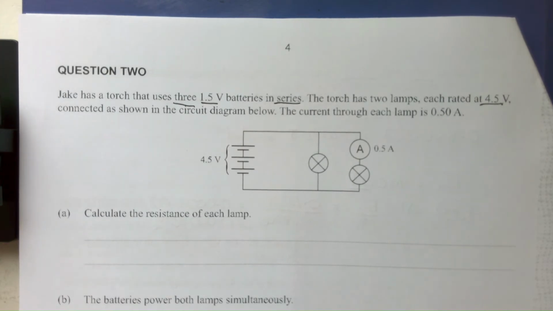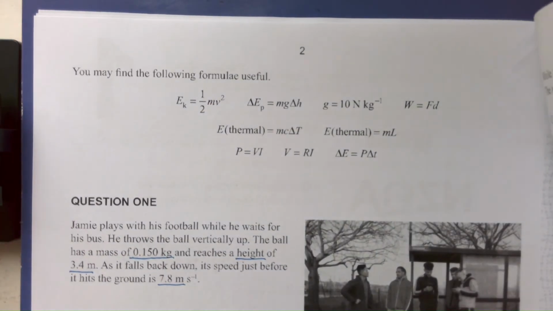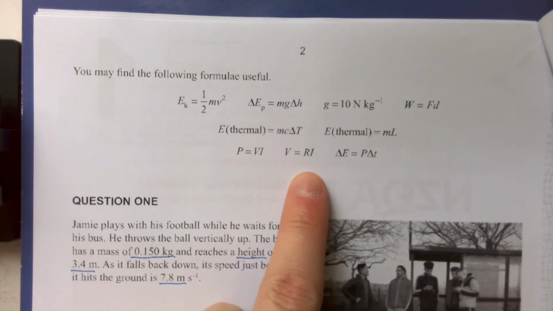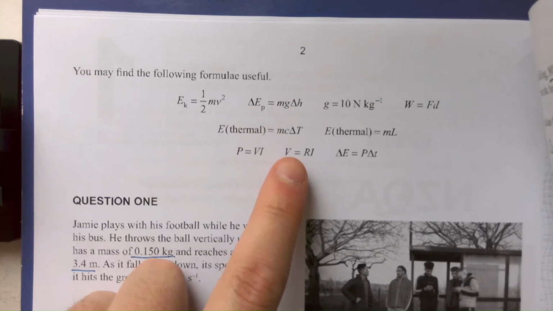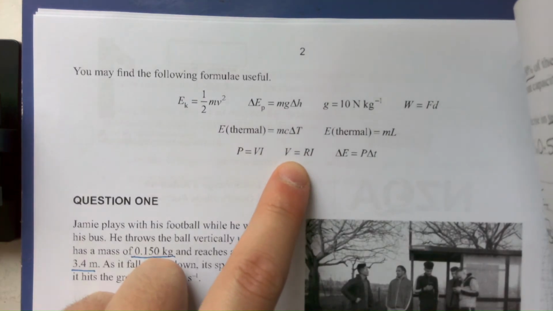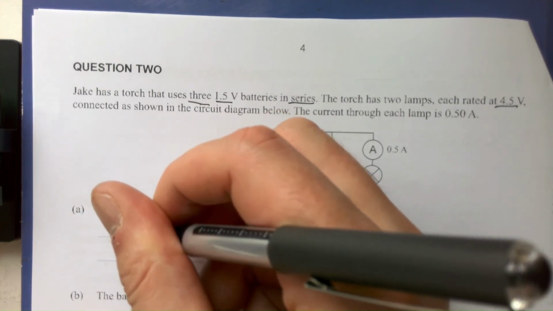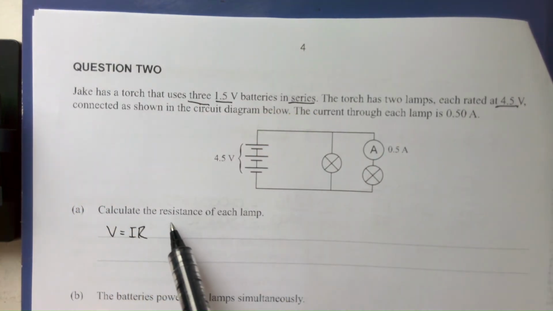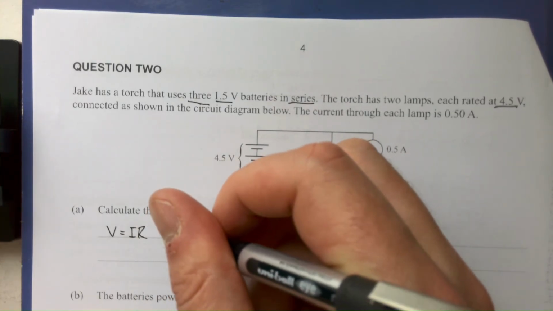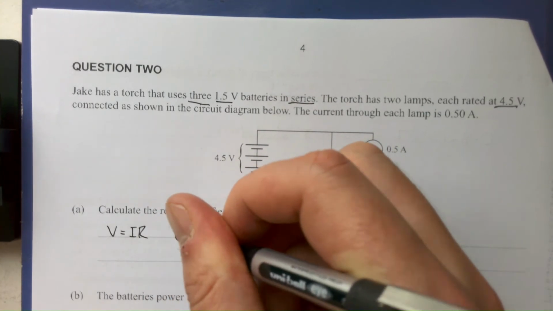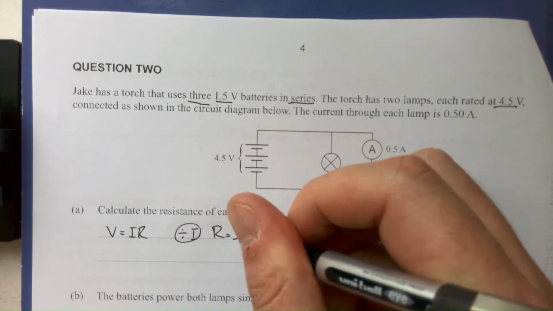We've been told a series of voltage and current values. So when we look at this equation sheet, we're looking for an equation that relates voltage, current and resistance. Ohm's law, V equals IR. Now we want to calculate the resistance of each lamp, and so we're going to rearrange this to get R on its own. So I'm going to divide both sides by I. Therefore R is equal to voltage divided by current.